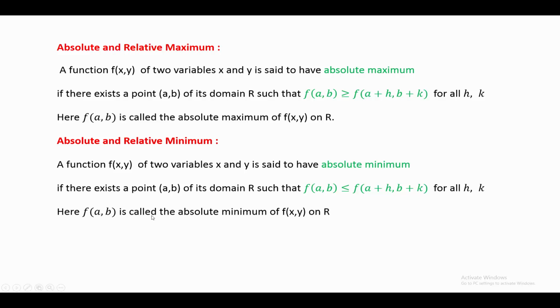Here f(a,b) is called absolute minimum of f(x,y) on the domain R. Means f(a,b) is less than or equal to f(a+h, b+k) for all values of h and k, then f(a,b) is the minimum value of function f(x,y). And similarly, if f(a,b) is greater than or equal to f(a+h, b+k) for all values of h and k, then f(a,b) is called the maximum value of function f(x,y).